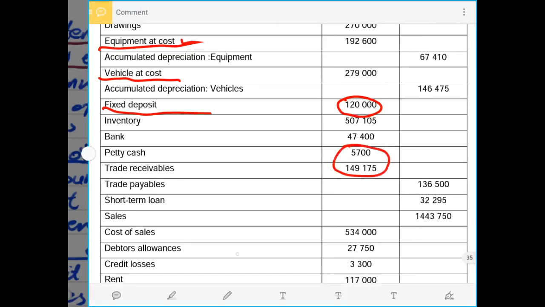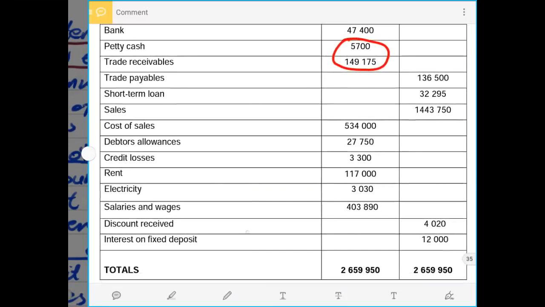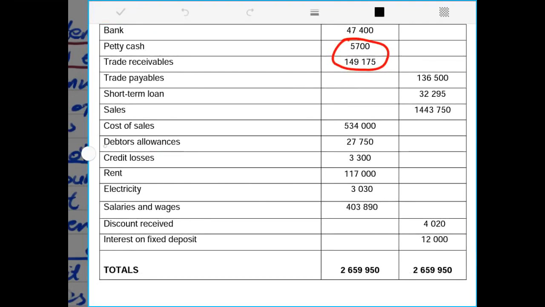Trade payables, sales, cost of sales, debtors allowance. Debtors allowance is the value of goods that was returned by the customers. So this is more like sales return. It normally gets recorded in the debtors allowance journal.